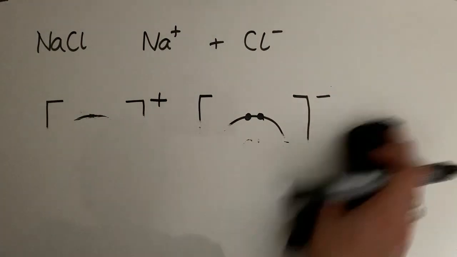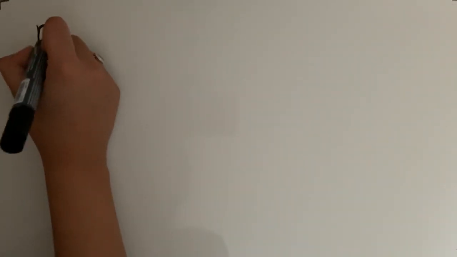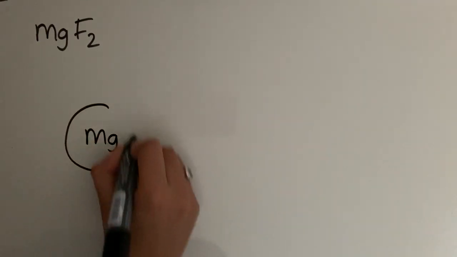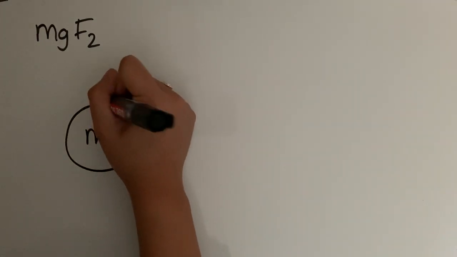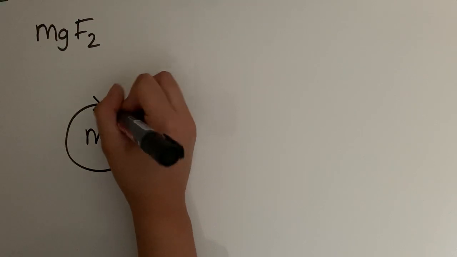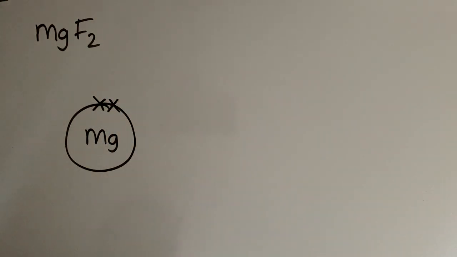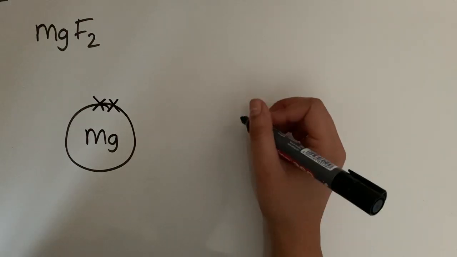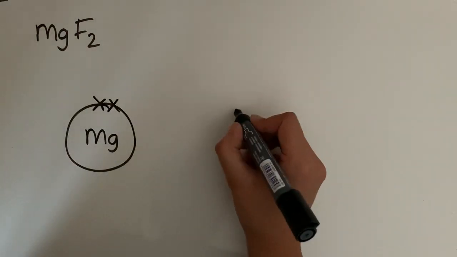Let's now do the dot and cross diagram for magnesium fluoride. Magnesium is in group 2, so it starts off with 2 electrons in its outer shell. Fluorine starts off with 7 outer electrons. Because there are 2 fluorines, I'm going to draw both fluorines in.